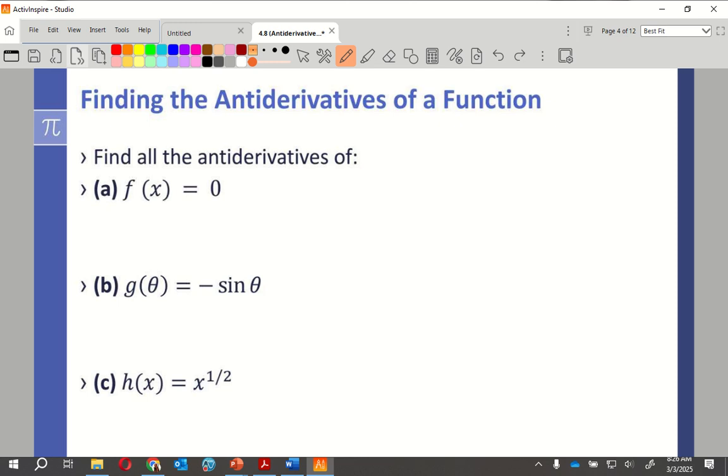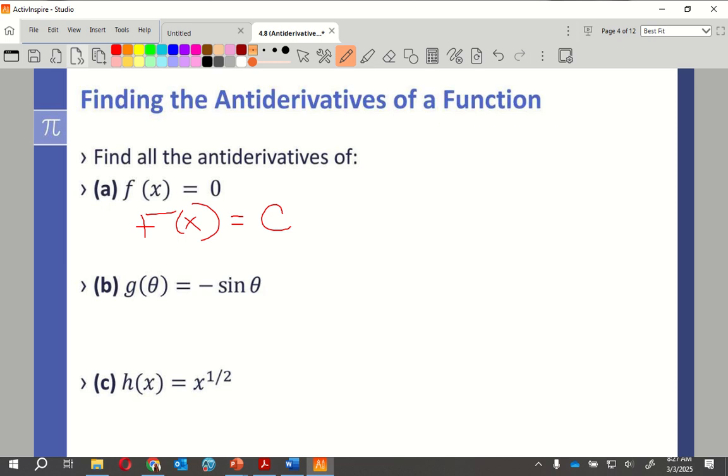So I know that there is some constant, so this is going to turn into some constant c. If I started with 5, I got the derivative 0, but I can't go from 0 back up to 5. I know there is some constant there. That's what that c represents. Make sense? Okay, good.